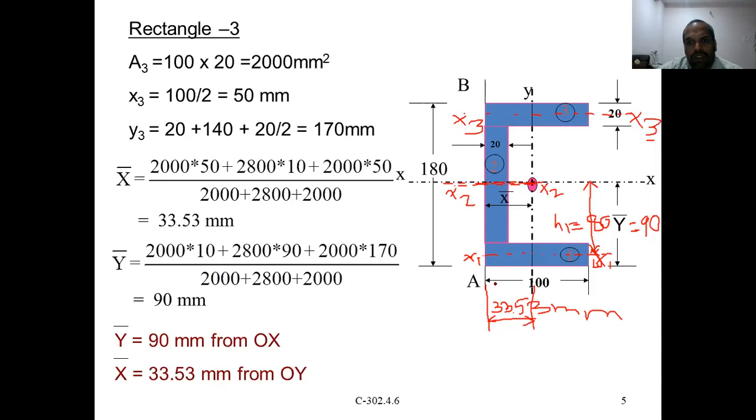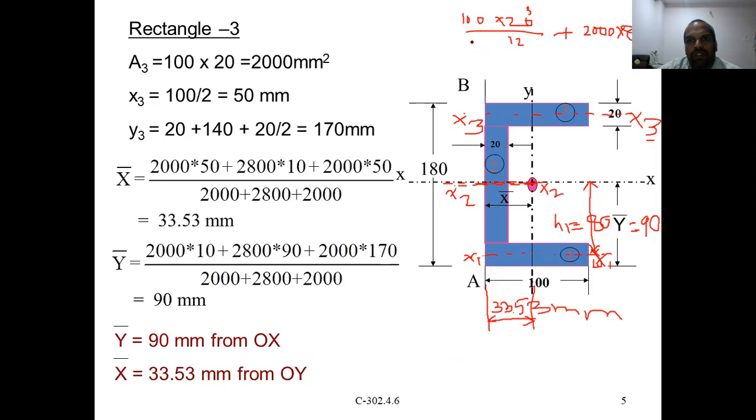Now what is the moment of inertia about this section? First, Ixx1 is equal to bd cube by 12. bd cube means 100 into 20 cube by 12, plus area. Area is how much? 100 into 20, that is 2000. 2000 into h. h is how much? 80. 80 square.